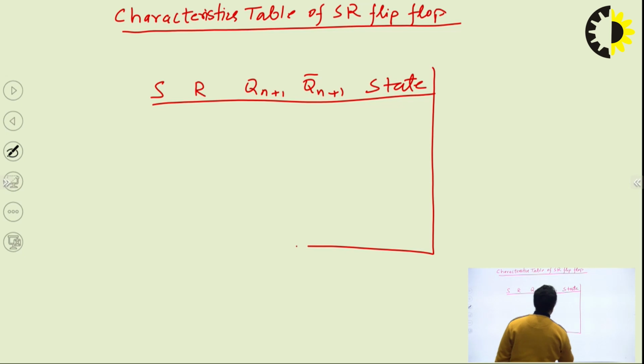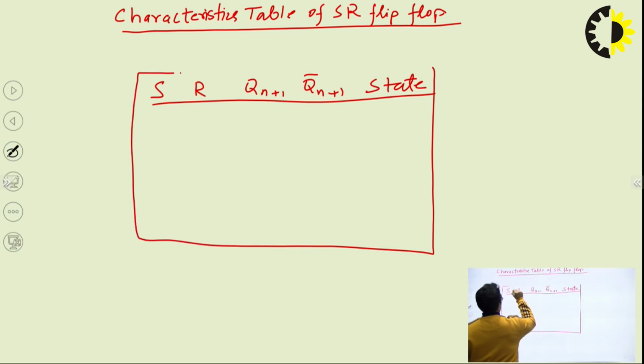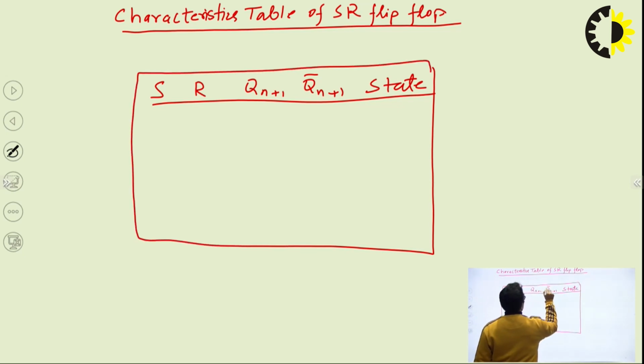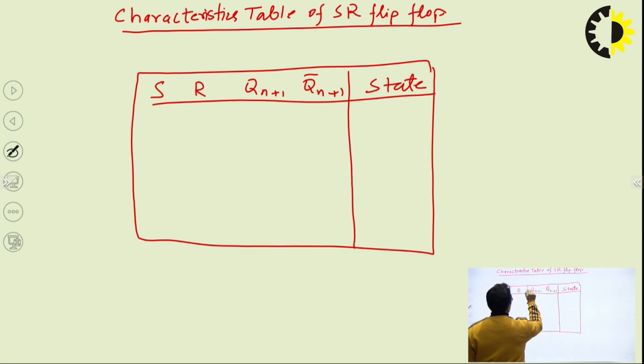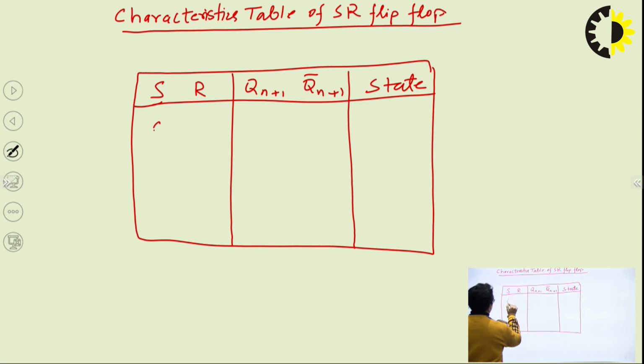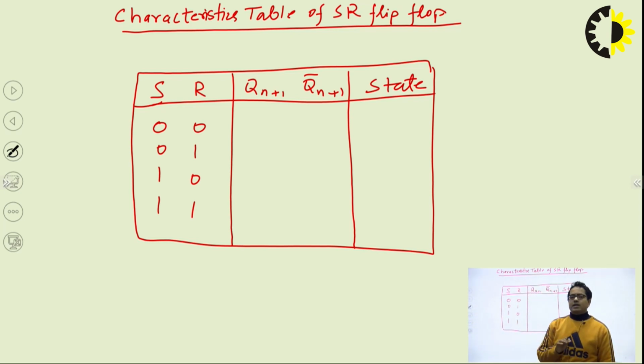We will quickly draw this table, and after that jump to the characteristic table. As there are two terminals, there will be 4 combinations: 00, 01, 10 and 11. In the case of the SR flip-flop, as we discussed in our last class, whenever we are not providing any input, that means both inputs are 00, the flip-flop holds the past value.